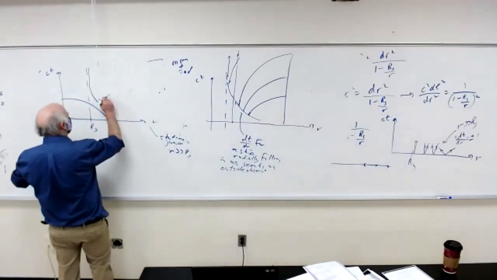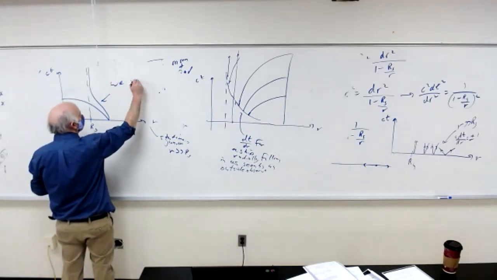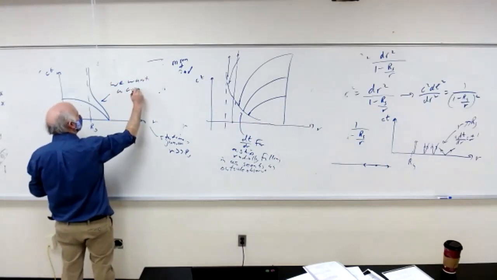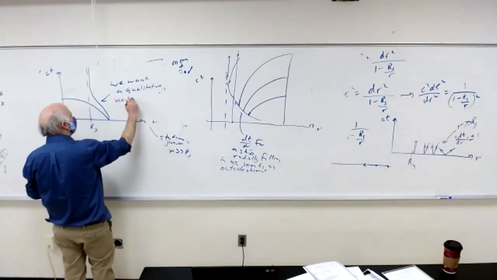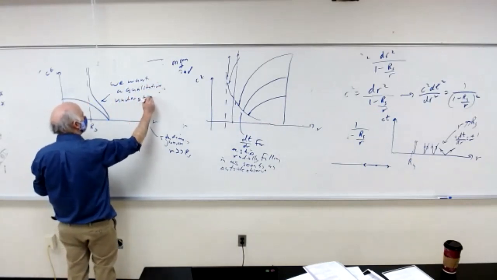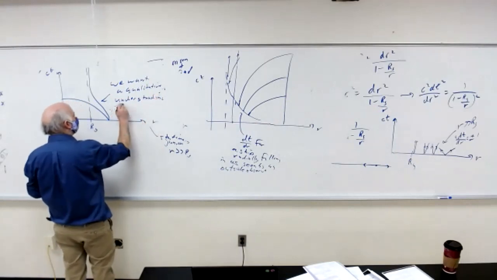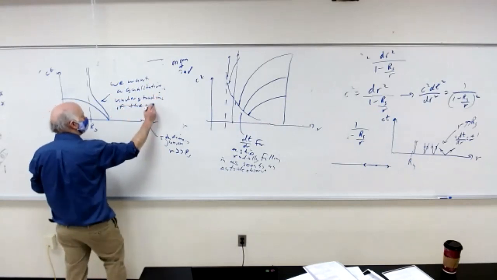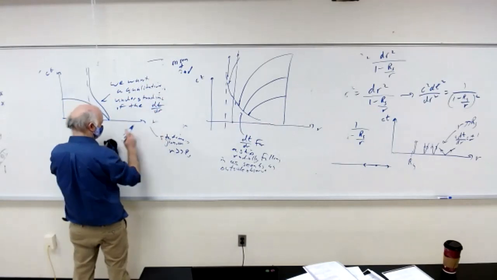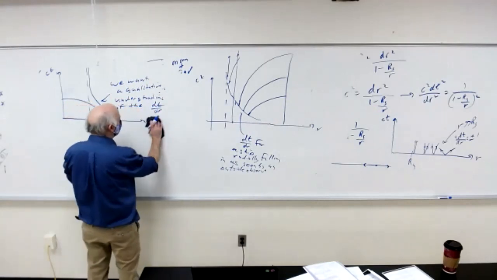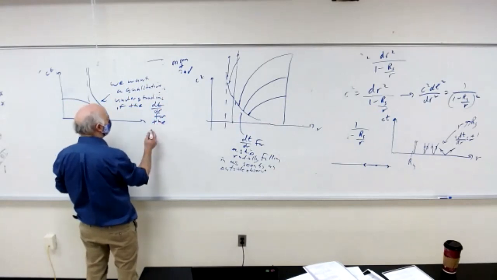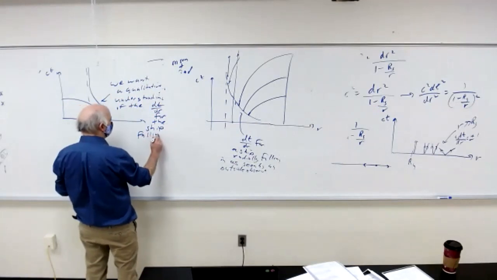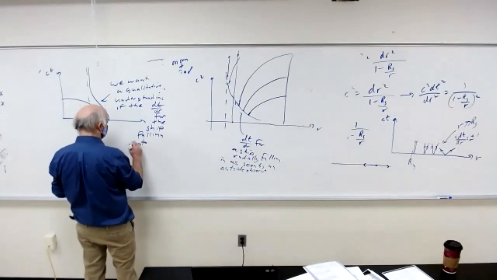So what we want is a qualitative understanding of the dT/dr for the falling observer, for the ship falling into the black hole.